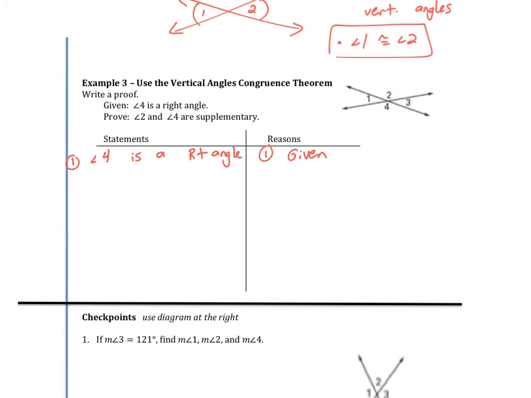Okay, so if angle 4 is a right angle, what does that mean by definition? Well, if it's a right angle, we know that the measure of angle 4 is equal to 90 degrees, and that is the definition of a right angle.